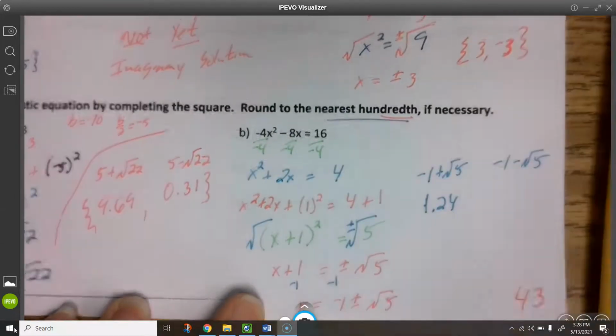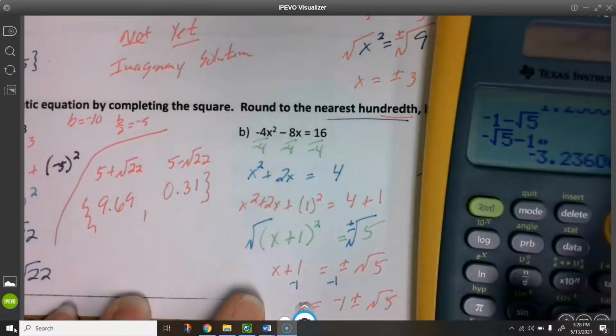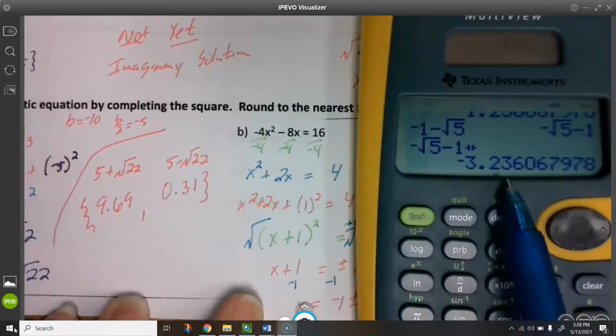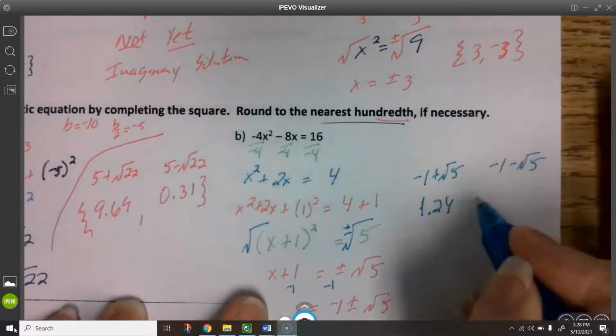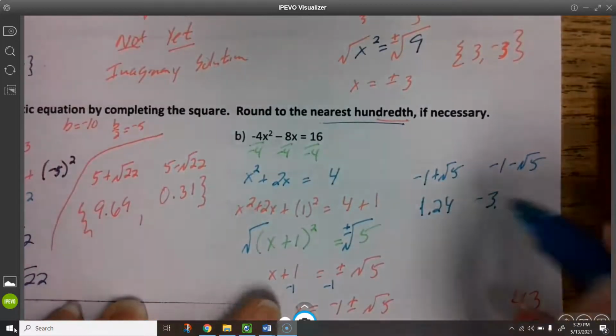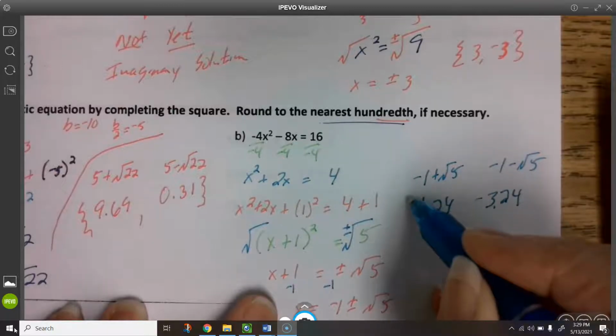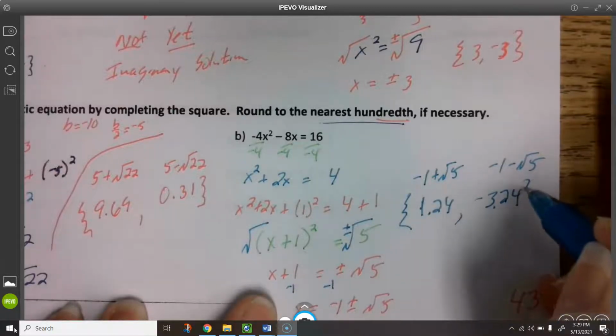And on the -1 minus square root 5, notice what I come up with, -3.236. So I have a 3, that's my hundredths. I'm going to go 1 behind it. 5 or above, give it a shove. So it's -3.24. Those are my two answers.